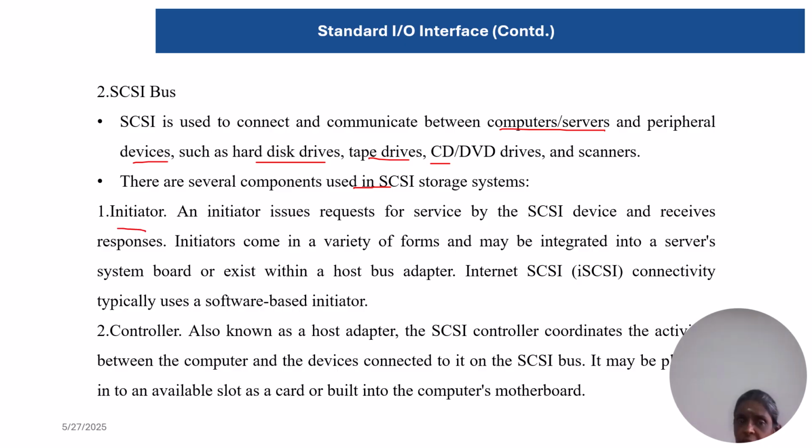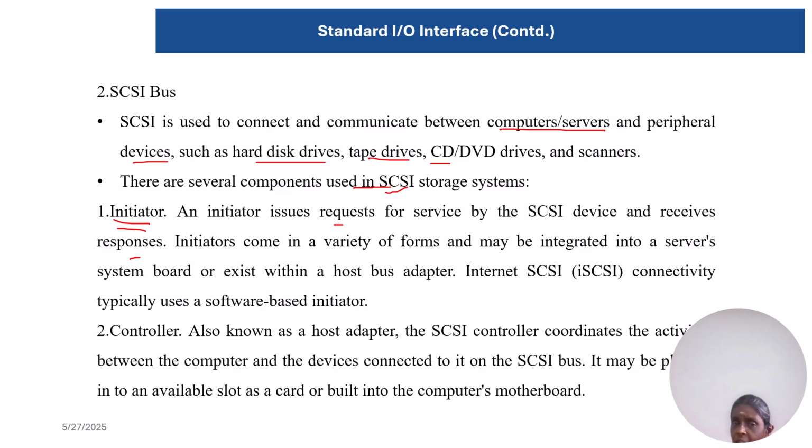Number one, initiator. The initiator issues requests. The initiator available in the SCSI bus initiates the request for service by the SCSI device and receives responses. The device to which it gives the request will give the acknowledgement, and that response is taken by the SCSI bus.